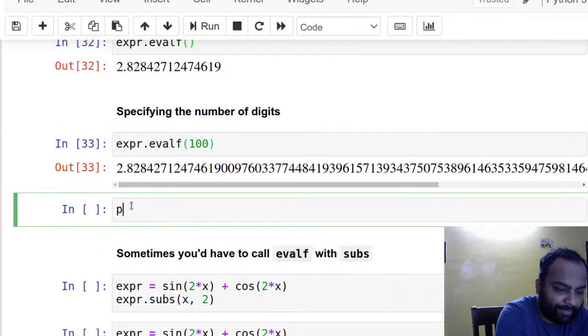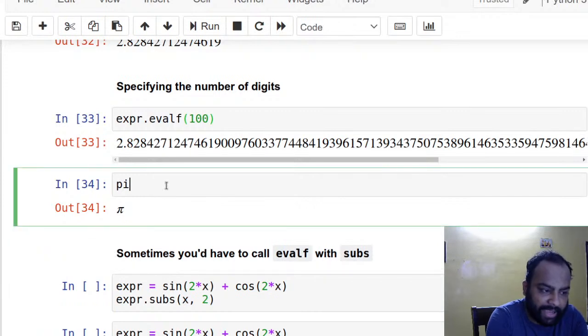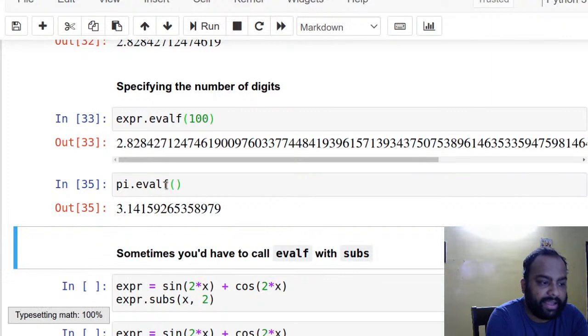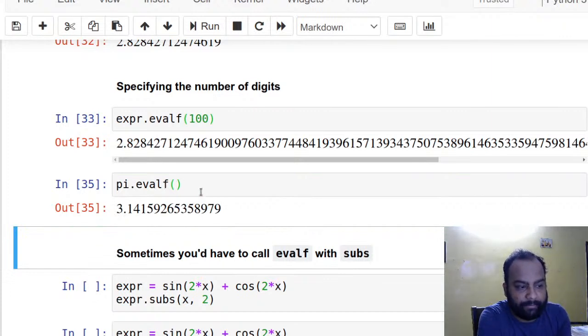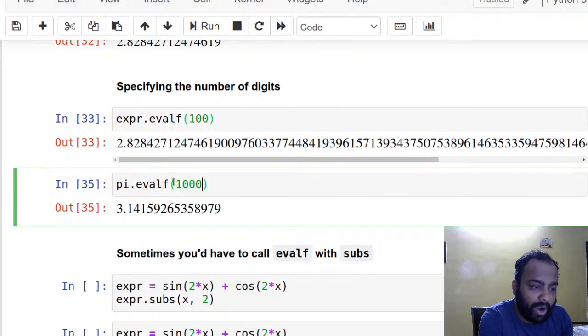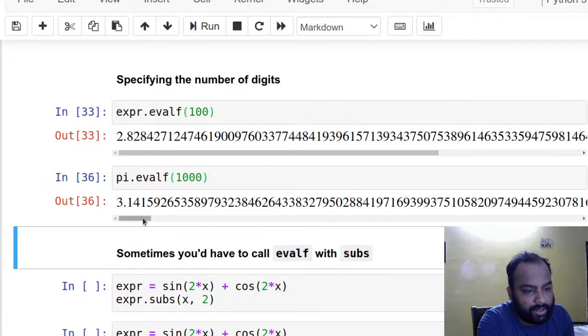Just to show you a pretty example here. Of course I have something like pi. Pi is pi. But what if I want a numerical representation of pi? This gives me a numerical representation of pi. But what if I want 1000 decimal places, rather 1000 significant digits in pi? Now look very carefully.